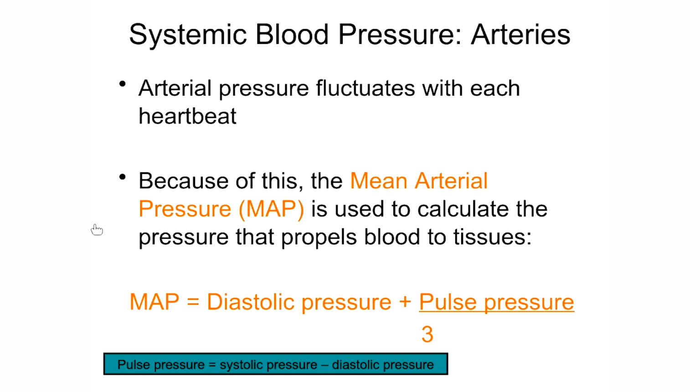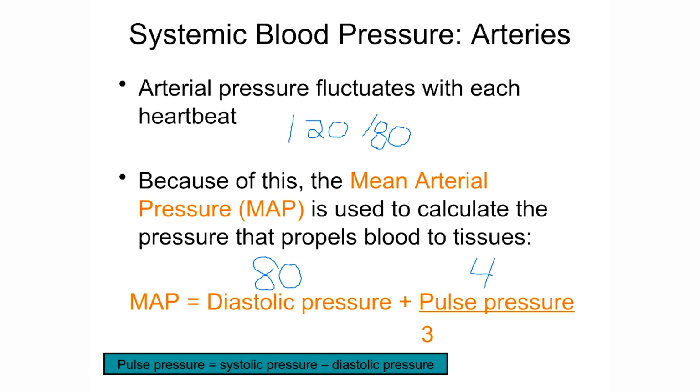So if I were to give you a normal healthy blood pressure as measured in the brachial artery of 120 over 80, you could really quickly and easily calculate the MAP for that vessel by plugging in the diastolic pressure, which would be 80 in this case. Our pulse pressure is our systolic minus our diastolic, so 120 minus 80 is 40.